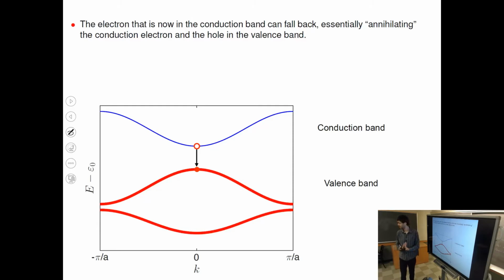This happens due to thermodynamics. And this, however, is very much similar to the annihilation of an electron and a positron that happens in particle physics, also accompanied by emission of light in this case.